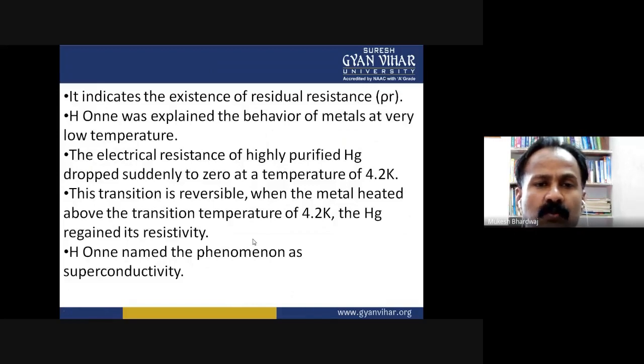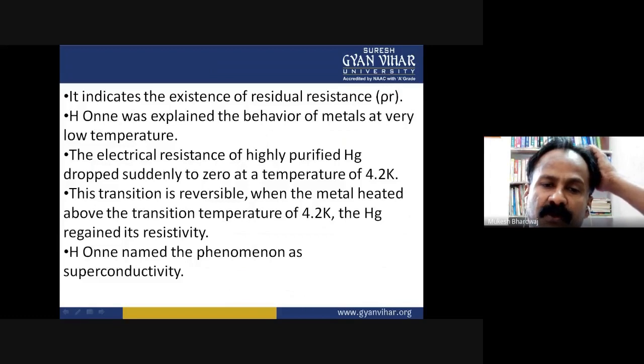Onnes explained the behavior of metals at very low temperature. The electrical resistance of highly purified mercury drops suddenly to zero at a temperature of 4.2 Kelvin.